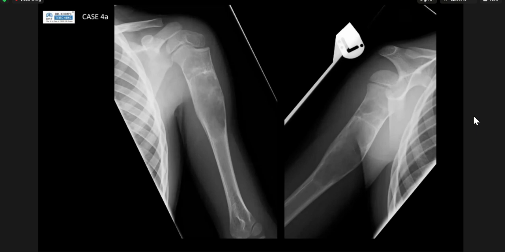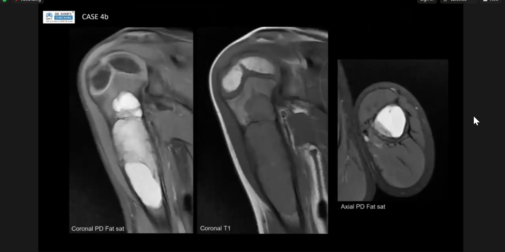Okay. Can you think of any other conditions that occur in this region? Don't worry if not. If I show you in MR. Yeah. So the PD fat-sat image shows the lesion to be showing me blood fluid levels and is hyperintense on T1.